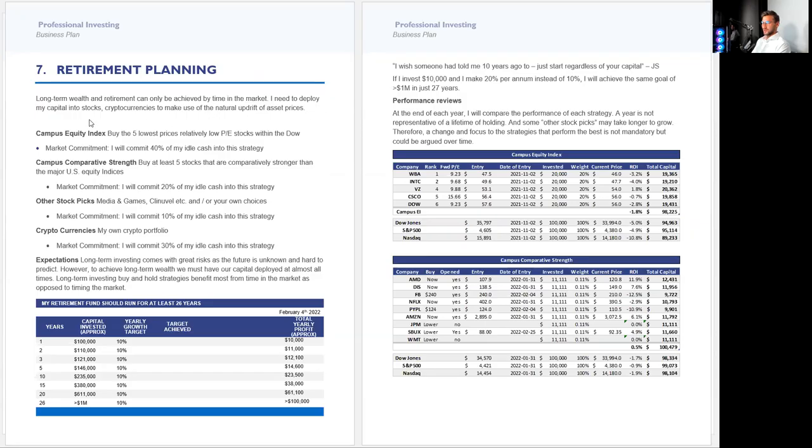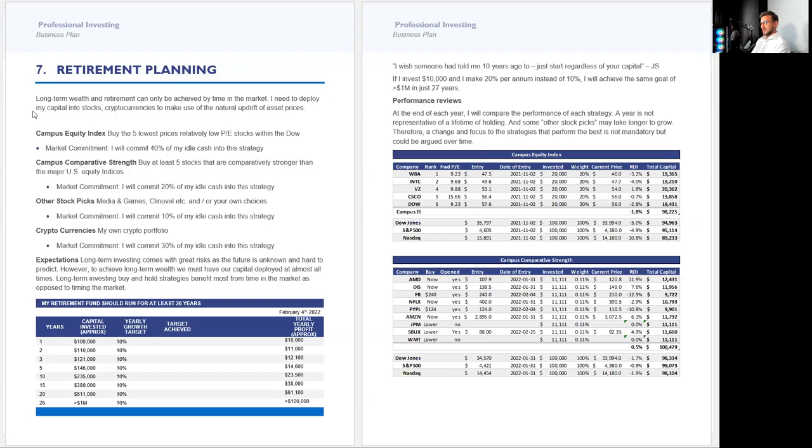I need to deploy my capital into stocks, cryptocurrencies, or any other assets for longer term growth, it can be real estate as well, to make use of the natural upward drift of asset prices. This is based on the notion that over time things get better, and as things get better, asset prices will rise in value, whatever those asset prices are.